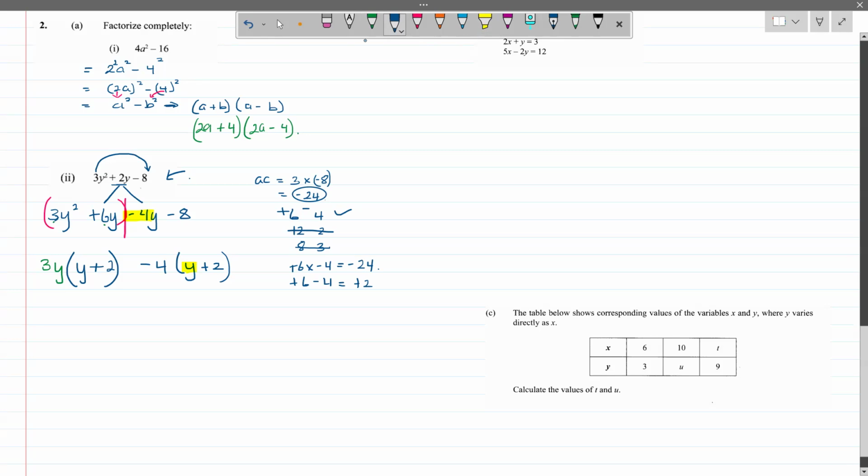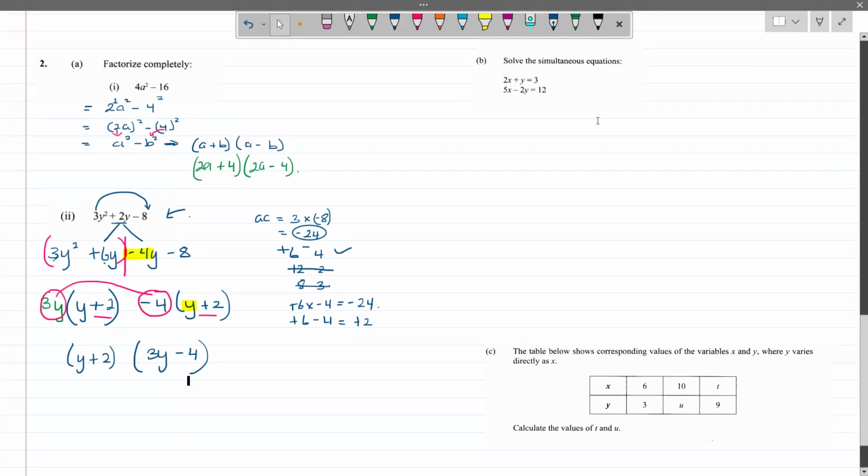And minus 4 by plus 2 will give us back the minus 8. Right? Now that these two brackets are the same, we could factor that bracket out, y plus 2. And we could put these two here in our bracket on their own. So you get 3y minus 4. And this is the fully factored form of 3y squared plus 2y minus 8. Yeah?